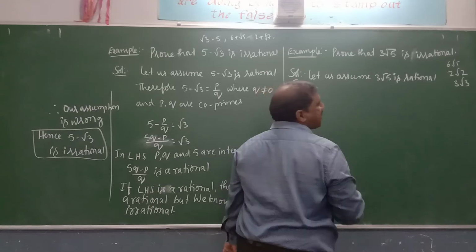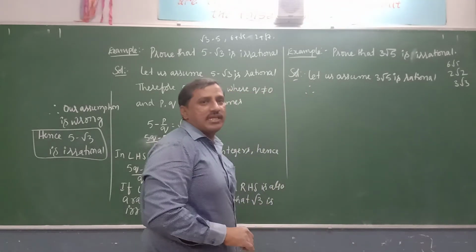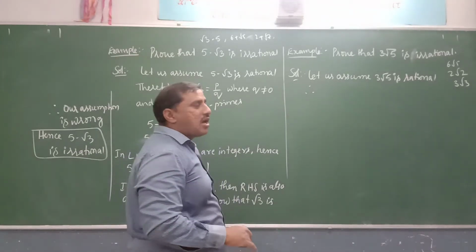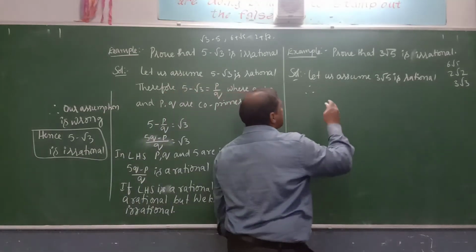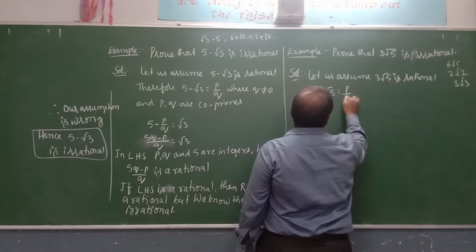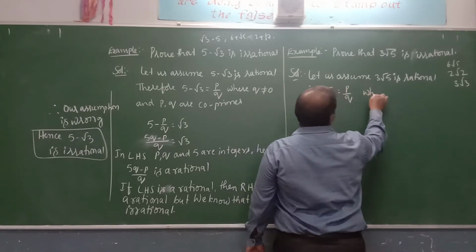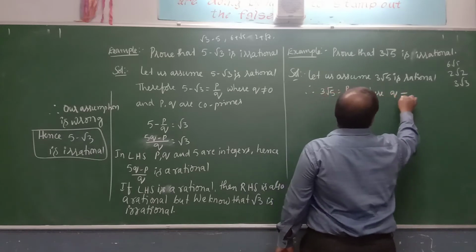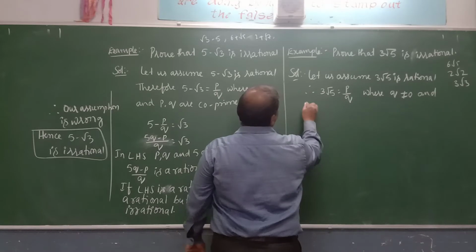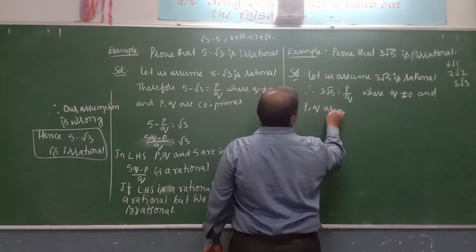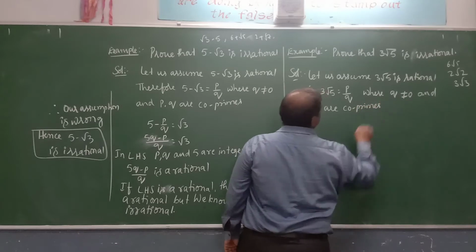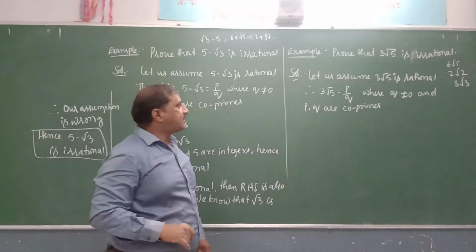Therefore, it can be expressed in the form of p by q, where q is not equal to 0 and p, q are co-primes. Therefore, 3 root 5 equals p by q, where q is not equal to 0 and p, q are co-primes. Co-primes means they have only 1 as the common factor.